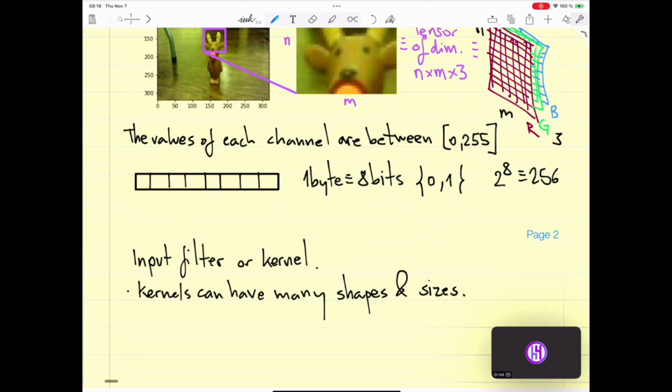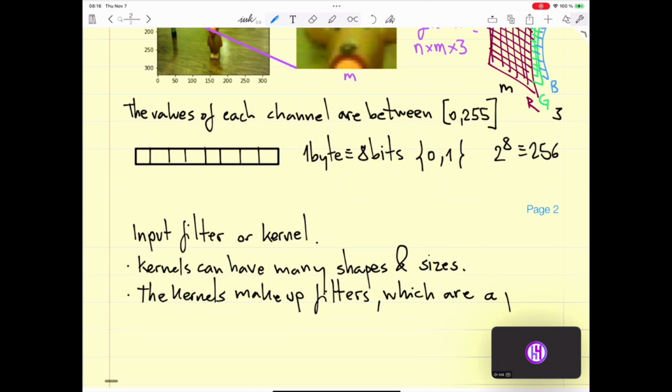The kernels make up filters, which are a parameter in the convolutional layer. Basically, you need to describe how you extract the information from the image, and you do that by defining your kernel.